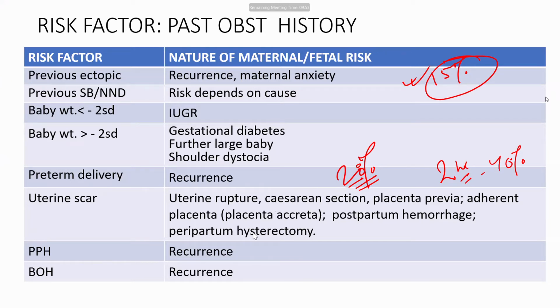There is tendency of uterine rupture, because the scar could weaken because of thinning. So when there is distension, then there is tendency of uterine rupture.